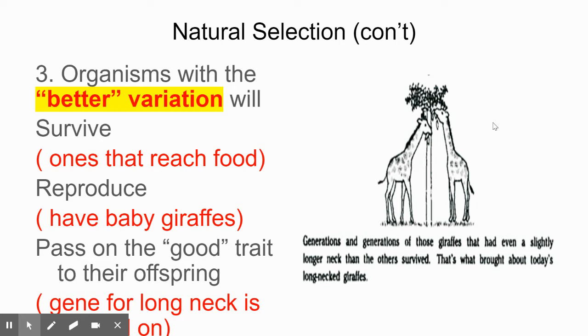If you survive, you have a better chance of reproducing, having giraffe babies. And by reproducing, the hope is that you are passing on that good trait, that better variation, that gene for having a long neck onto your offspring.